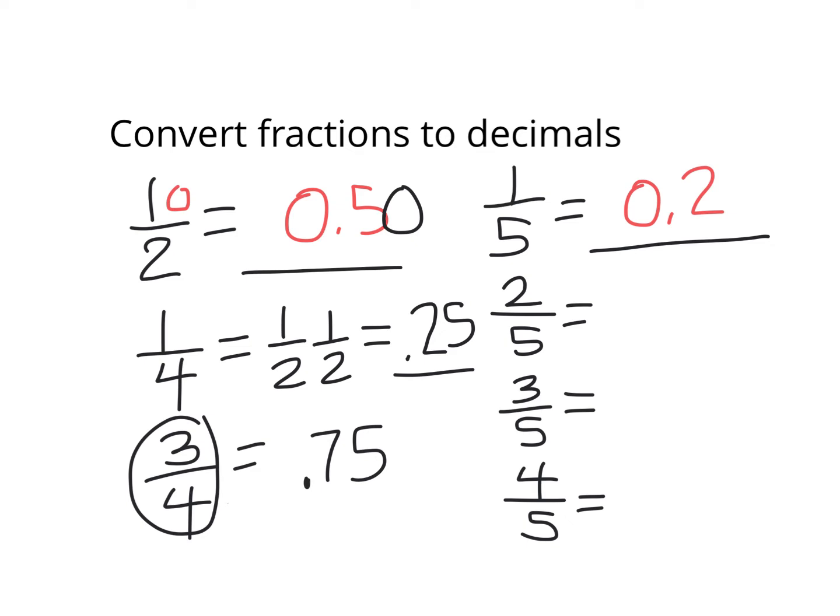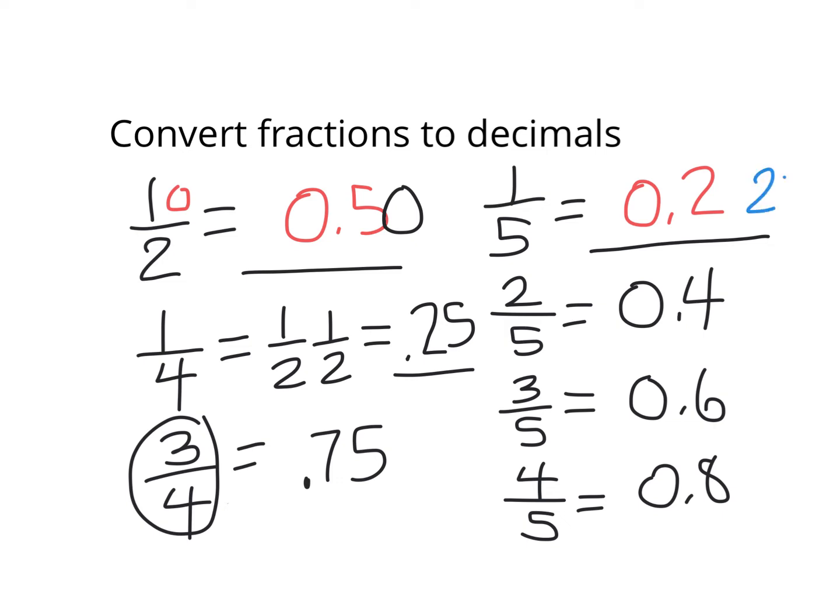And then on your fifths side, you have 2/5 is twice the 1/5, so that would be 2 times 0.2. 3/5 would be 3 times the 1/5, that would be 0.6. And 4/5 would be 4 times 0.2, that would be 0.8. Okay? Now, what if you wanted to know what are those as percents?